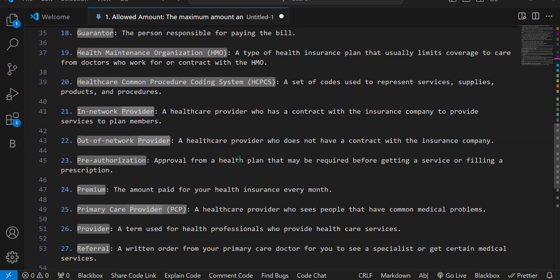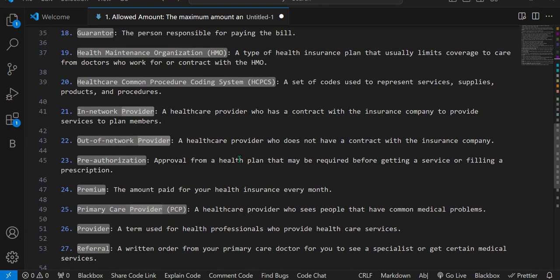Then only the doctor will give treatment to the patient. So whenever the patient comes to the hospital, the people in pre-registration will check all these things. So that is called pre-authorization.